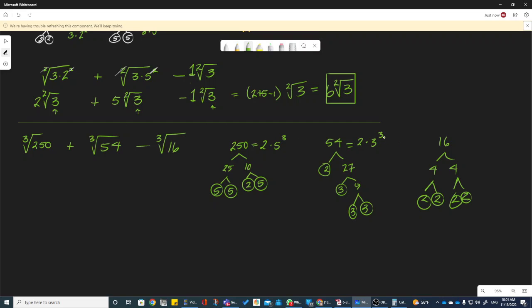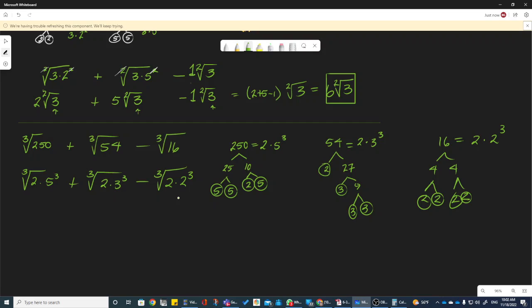So you gotta group them in groups of 3s, right? So this is equals to 2 times 2 to the power of 3. Okay, and then you do your simplification here. Like so.